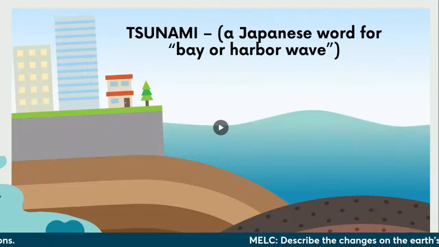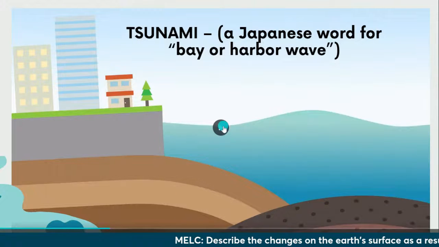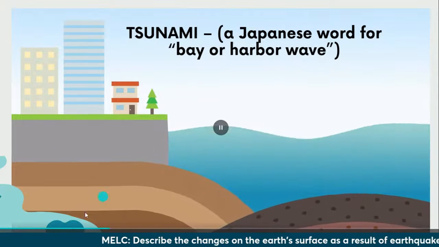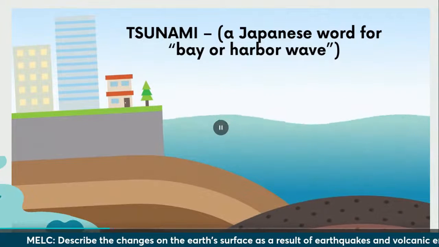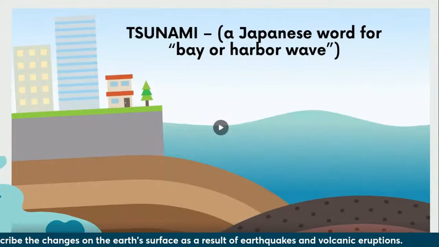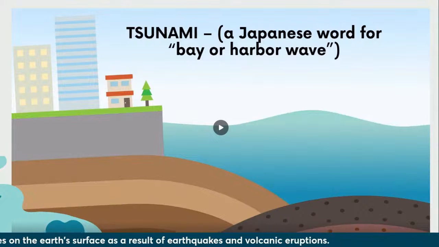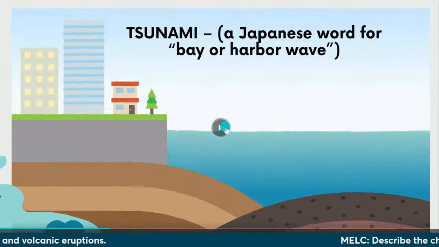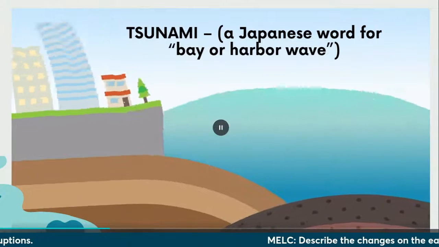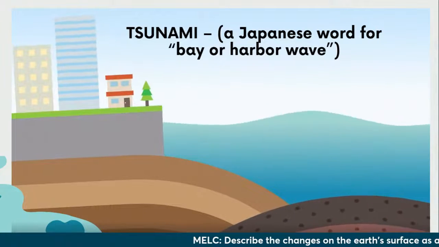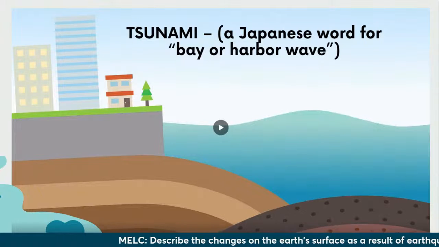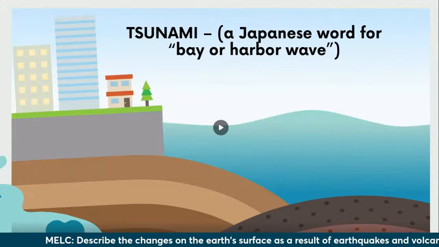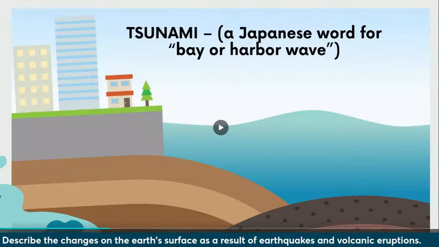Then huge surface waves are created and can reach a nearby coast. This is known as a tsunami. Tsunami is a Japanese word for bay or harbor wave. All right, so this is an illustration of a tsunami.